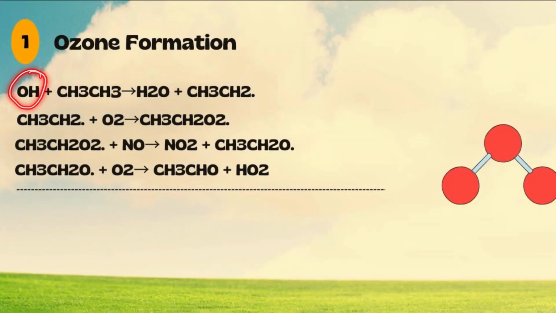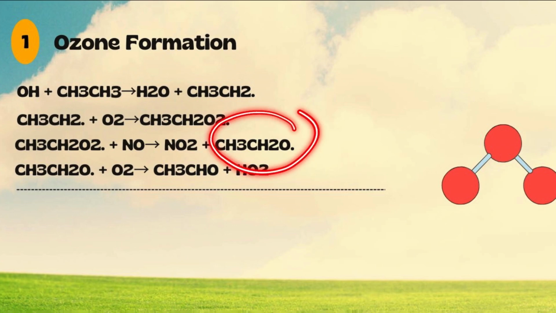So hydroxyl can react with organic moieties or simple hydrocarbons such as ethane, rather than reacting with carbon monoxide, to produce water and an ethyl radical. This radical then further reacts with oxygen to form an ethoxy radical. This ethoxy radical then in the presence of nitrogen oxide produces nitrogen dioxide, and this nitrogen dioxide again in the presence of sunlight produces atomic oxygen, which in the presence of oxygen produces ozone.